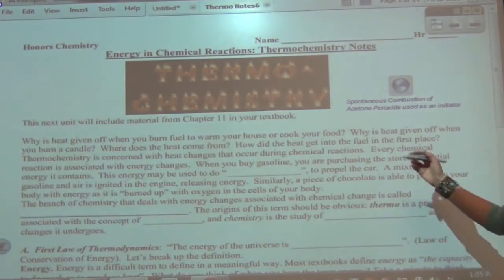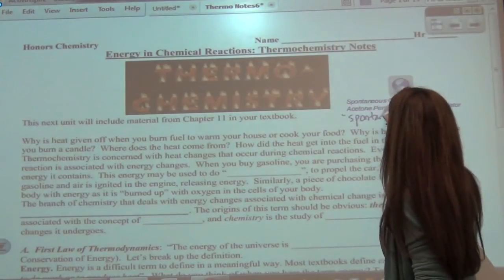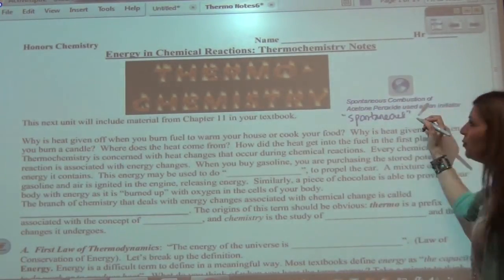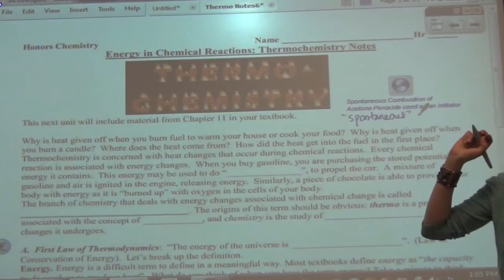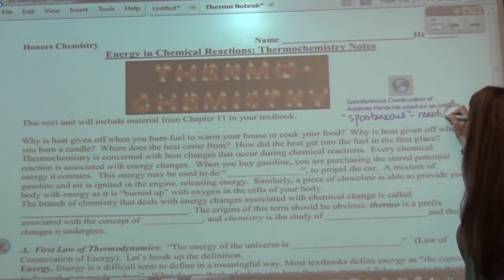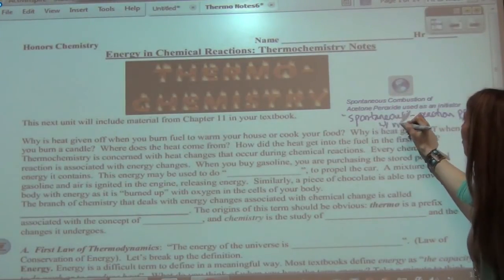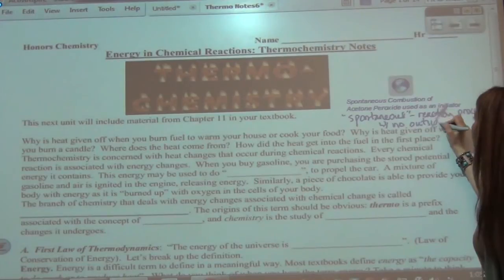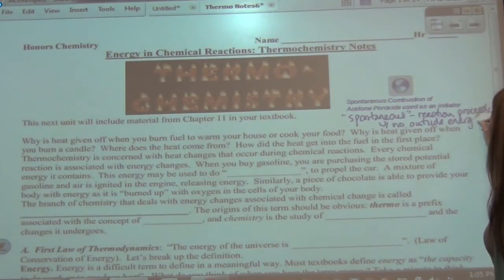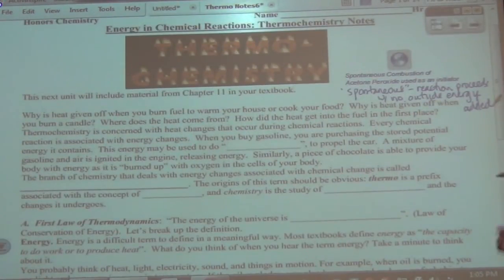So again, the idea of what a spontaneous reaction is, just the word spontaneous, is simply that a reaction will proceed in the direction written without adding outside energy. The reaction proceeds with no outside energy added. It just takes place. You don't have to add anything on the outside, and the reaction just takes place.